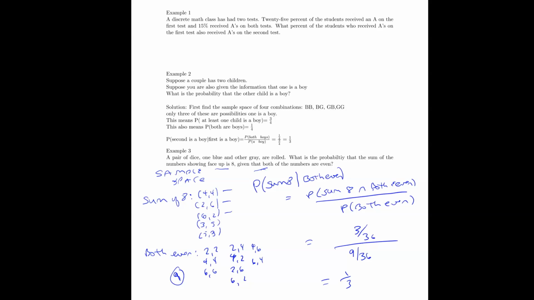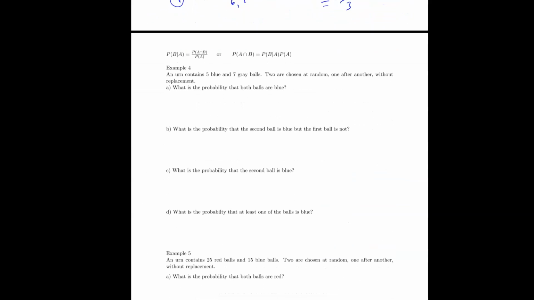All right, so let's go to the next page of different ones that I skipped. All right, so part B. What's the probability that the second ball is blue, but the first ball is not? Okay, so but is like another way of saying and. That means I want the probability that the second is blue and the first is not blue.